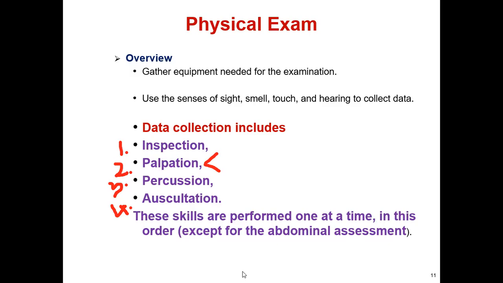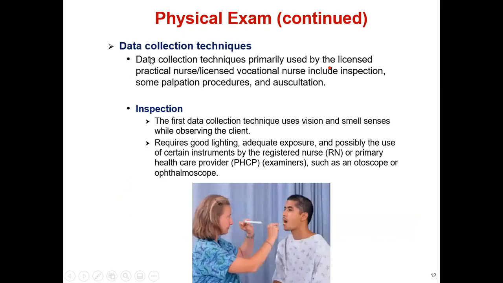And next here, data collection techniques. Data collection techniques primarily used by the licensed practical nurse or licensed vocational nurse include inspection, some palpation procedures, and auscultation.